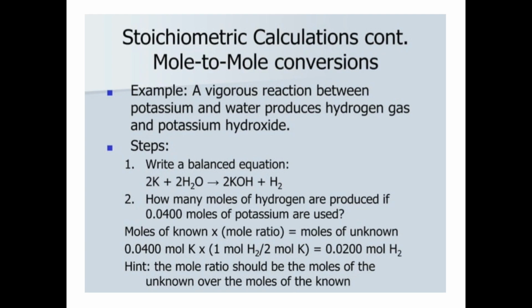The moles of known multiplied by mole ratio is equal to moles of unknown. And the moles of known is 0.0400. The mole ratio here between hydrogen and potassium is 1:2, or 1/2.